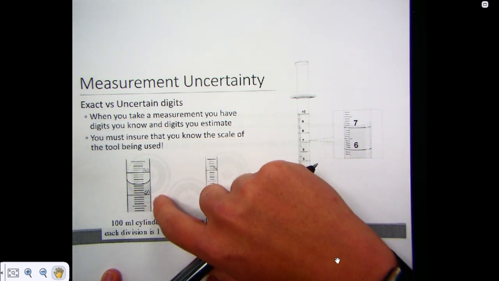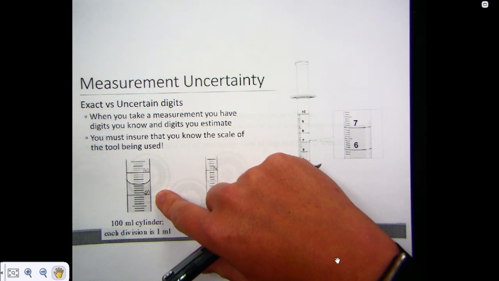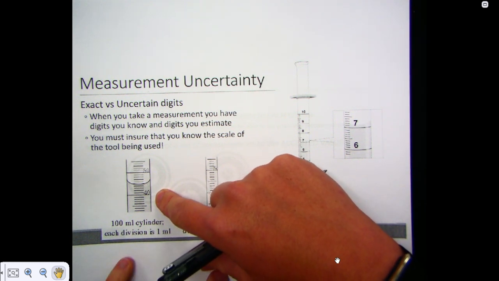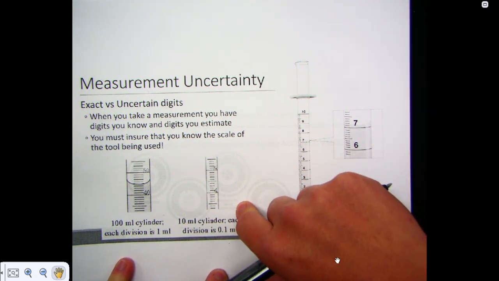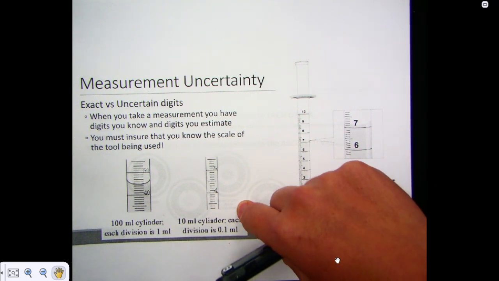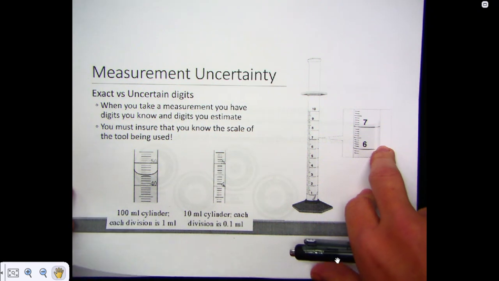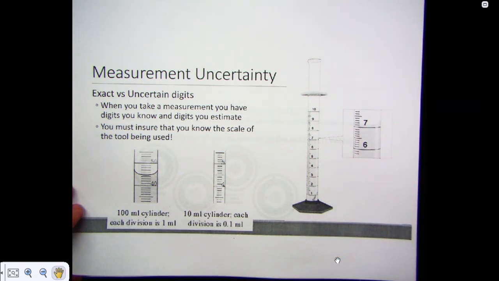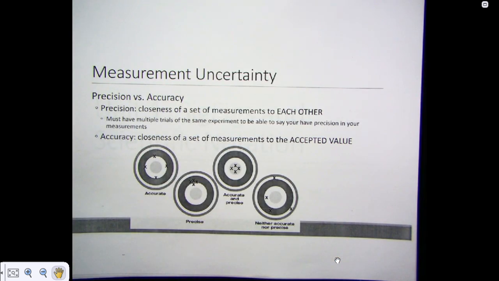So here, when I'm estimating one place past what is marked, I would be estimating a 10th position. Here, where I'm estimating one place past what is marked, I would be estimating a 100th position. So you have to know what the scale is of the measuring tool to know what position of a number you are then estimating. Okay.